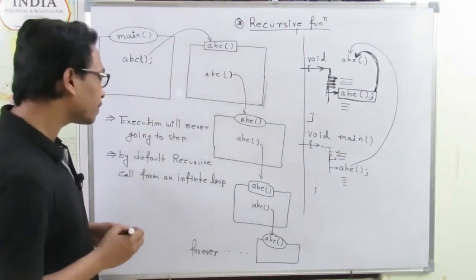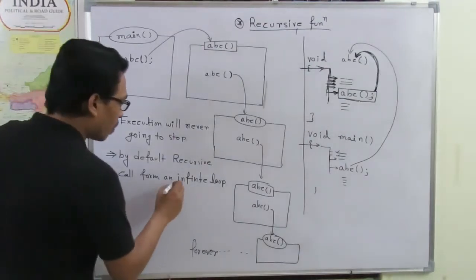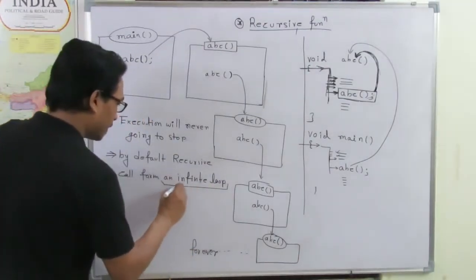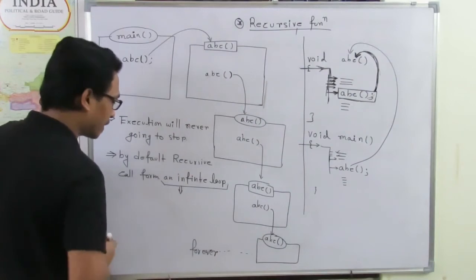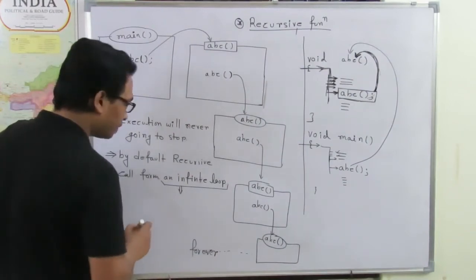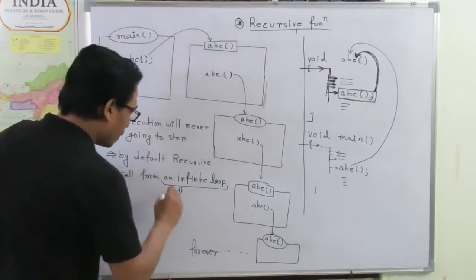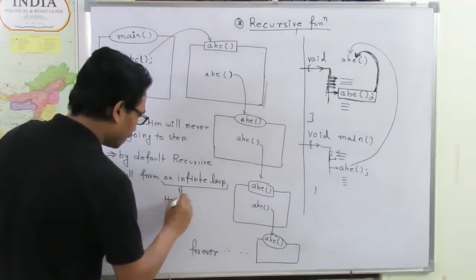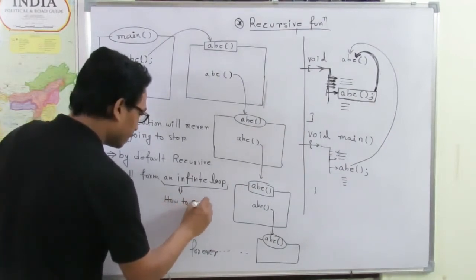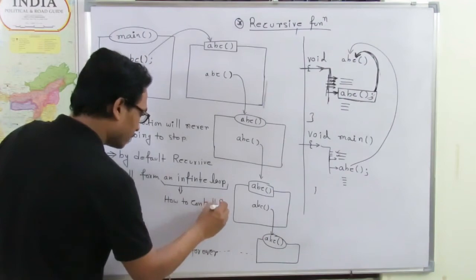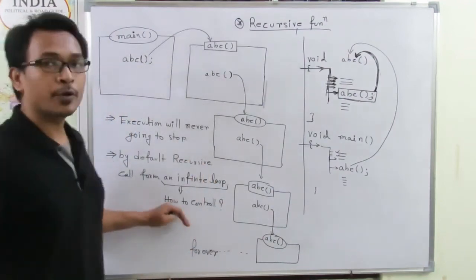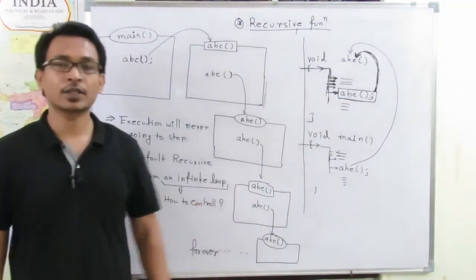Clear? Now, so how do we control this infinite execution of the recursive function call? Hope you understood the problem with recursive function calls.